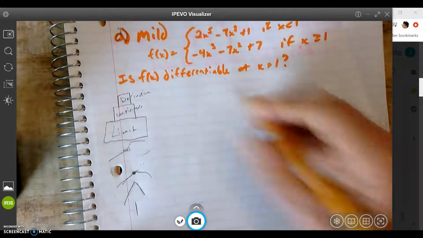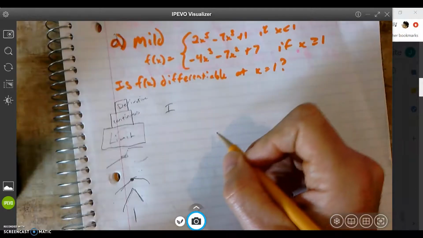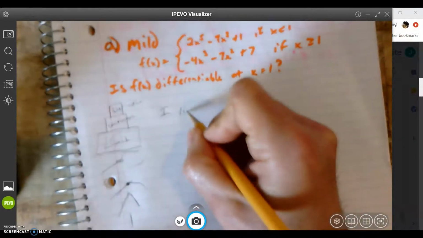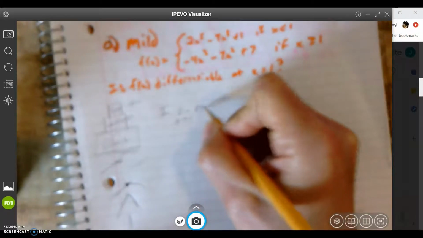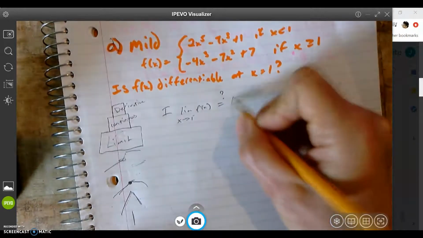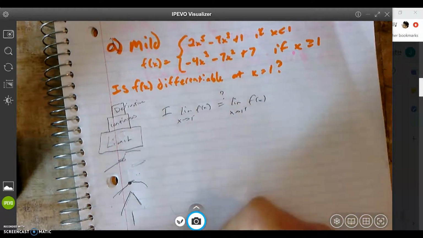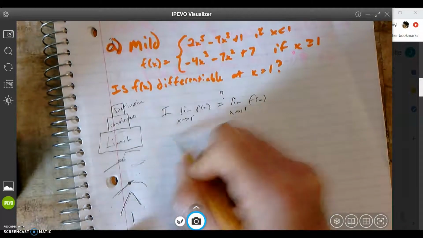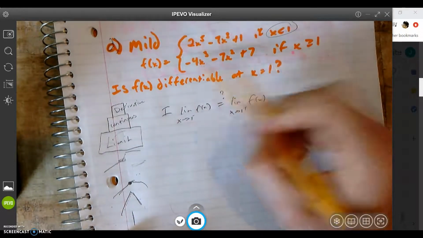All right, so start at the bottom. Now we're here at 1, so the limit. Does the limit as x approaches 1 from the left of f of x equal the limit as x approaches 1 from the right of f of x? The limit as x approaches 1 from the left, that would be here, because x is less than 1.